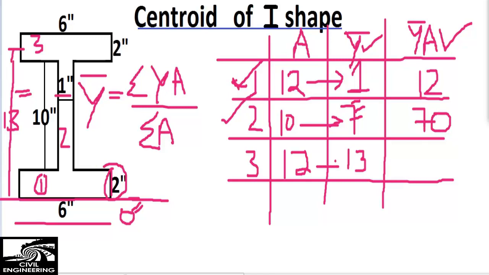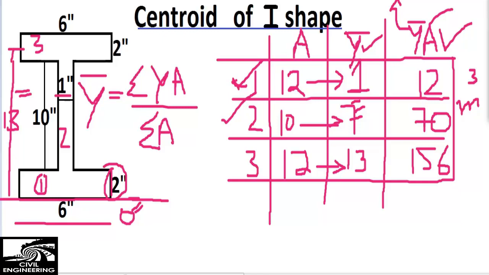And the third we will multiply 12 cross 13, it comes out to be 156. And these all have the units of meter cube, right? Because the unit of area is meter square and the unit of the centroid is meter, so these all have the units of meter cube, right?